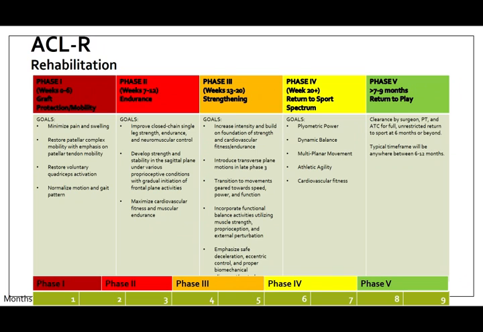Anytime before that, you're really being risky with a re-tear, unless that patient is just a stud. And then 7 to 9 months is when I tell my patients they can return to play. I always tell them 9 to 12 months because I don't want to get their hopes up, but we know the research shows that if they can at least get to 7 months, they probably will be okay.